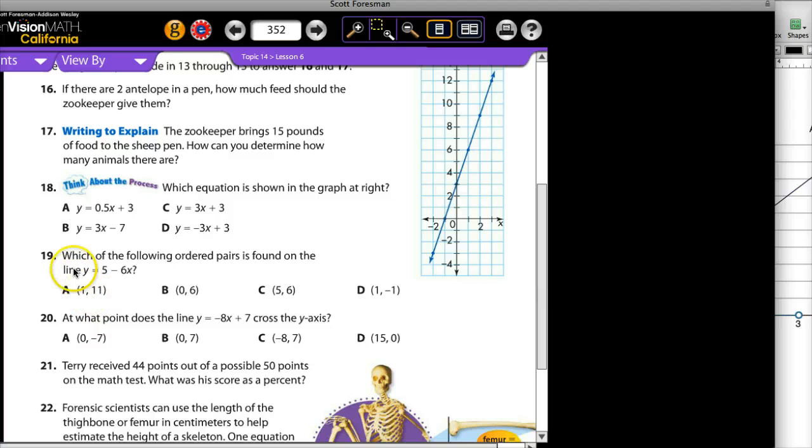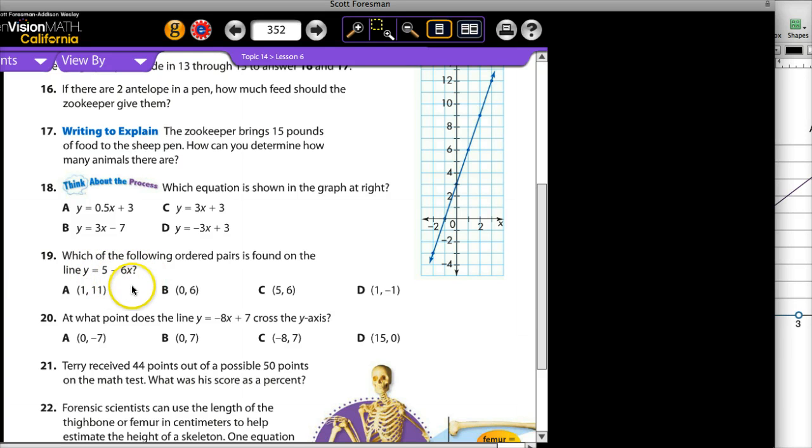Number 19, it asks, which of the following ordered pairs is found on the line y equals 5 minus 6x? So you're going to need to go ahead. You can plug in these points and find out how it balances, so you can do it mathematically. Or you can plot one of these points or all of them on a coordinate graph, find out which one goes through the line after you've picked some values for x, created a t-table, and then plotted all those points.